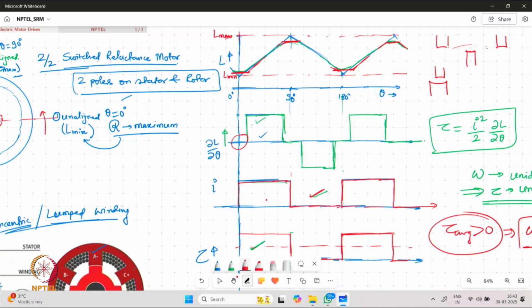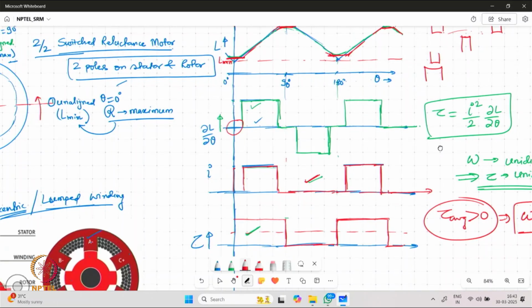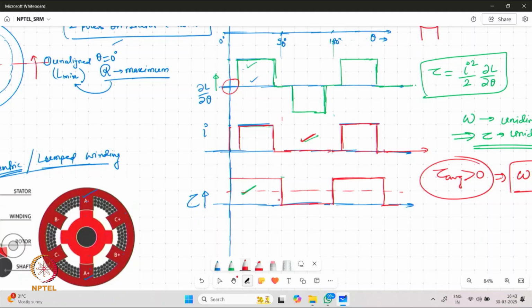We cannot generate any torque unless there is a change in inductance. So it may be useless to apply current over the durations when the inductance is not having any variation. So our current pulse also must be truncated and matched with the dL/dθ variation. So effectively the torque would also get truncated and it will have a shorter pulse.